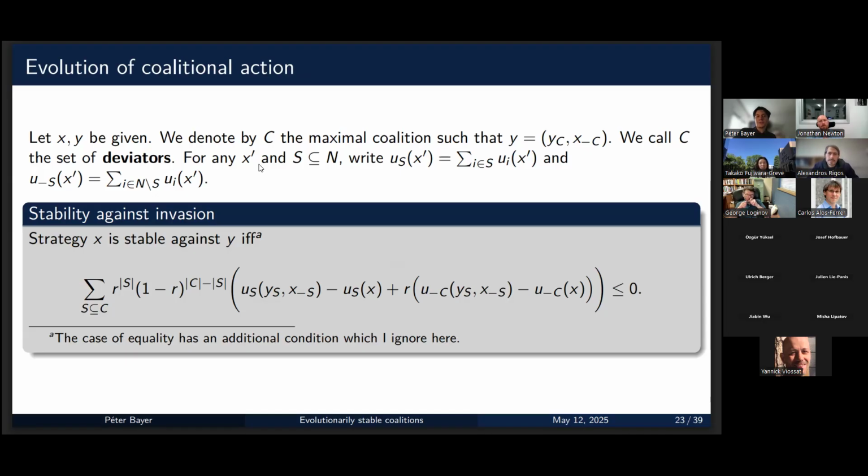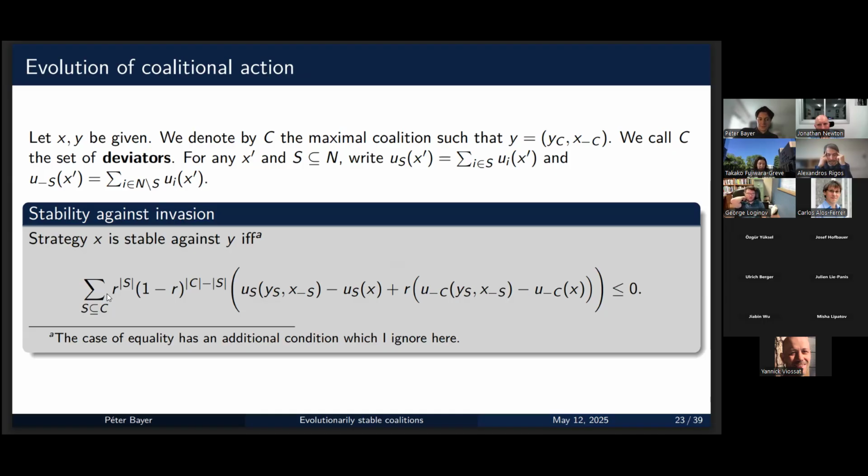And this is just a notation for any X prime and a subset S of N. I'm going to write U_S(X prime) as the sum of the utilities that we get if everyone in S plays the strategy corresponding to X prime, and U_-S will be everybody else, everybody not in S. So then, a strategy X is stable against the invasion against Y if and only if, again, I'm ignoring the case of equality for the presentation, for the paper, we do it properly.